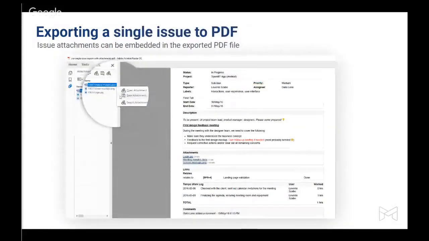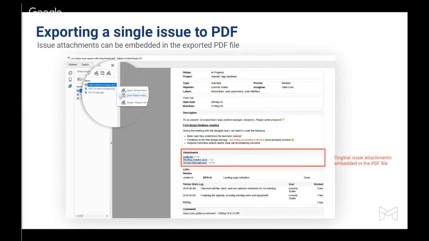The PDF file format, as I already mentioned, has this great ability to embed files and handle them as an integral part of a document. You can take full advantage of this when exporting PDF documents from Jira and embed issue attachments into your PDF.